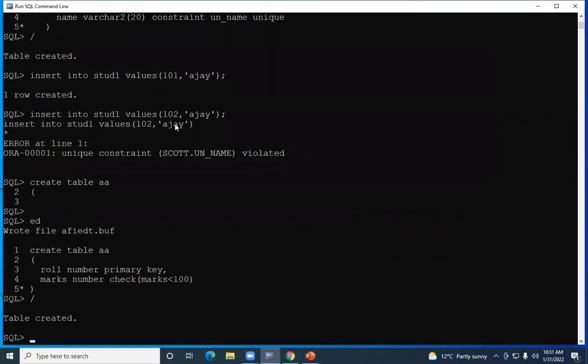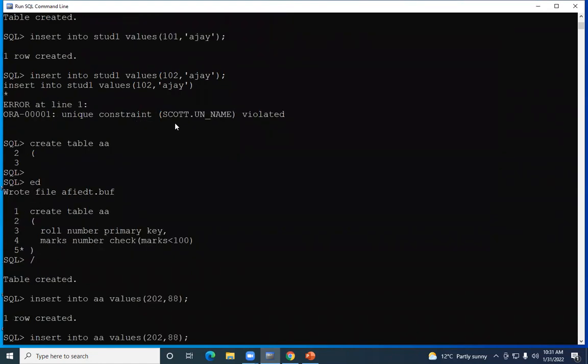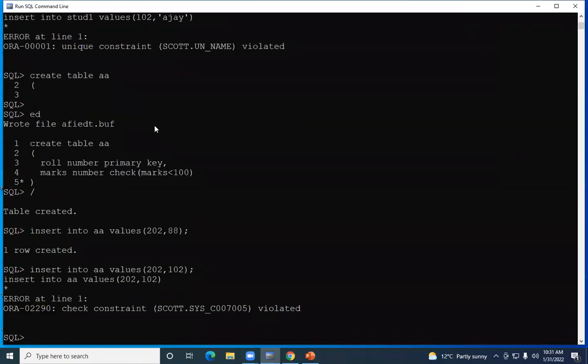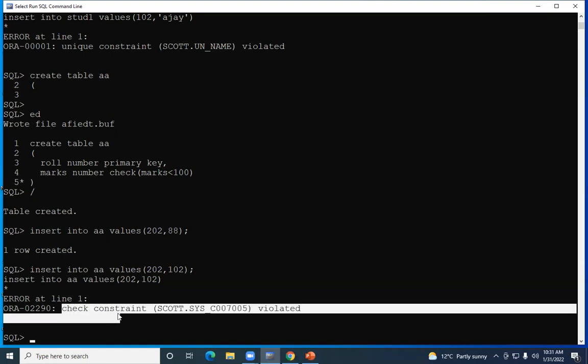So let's create this table AA. Let's try to insert a value here. The values are roll number, say 202, and marks is 88. Just fine with this. If you want to give the marks as 102, it will say that this constraint is violated. The check constraint is violated. Now it is telling you that.